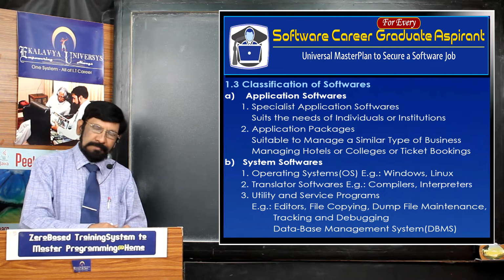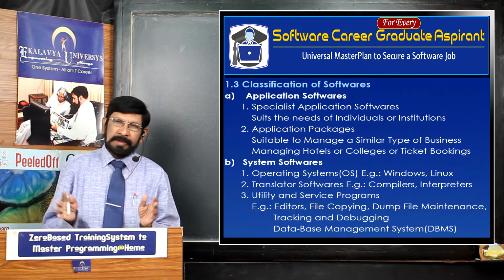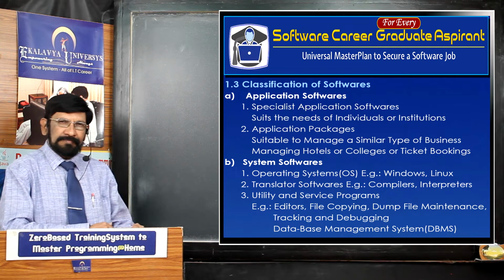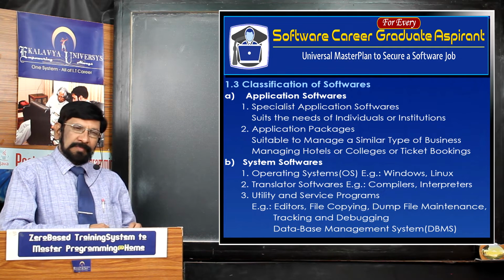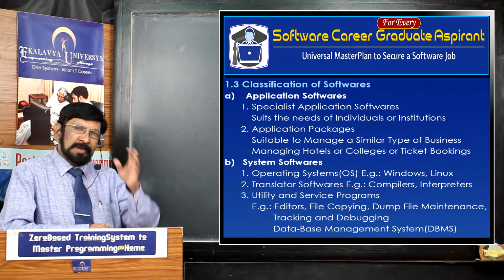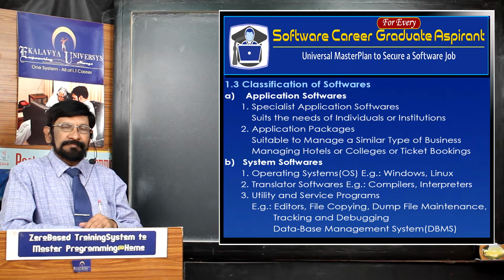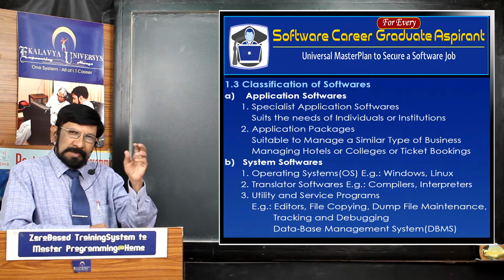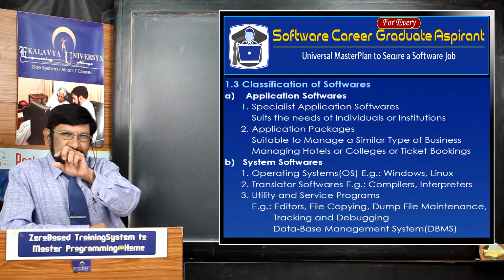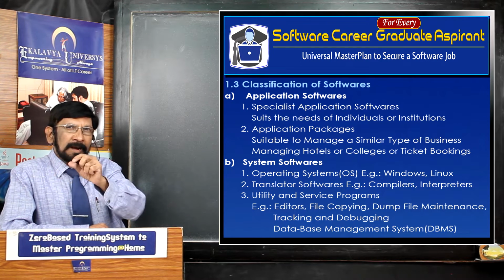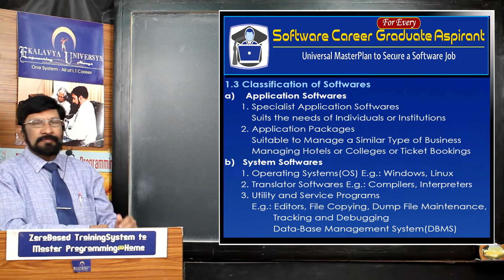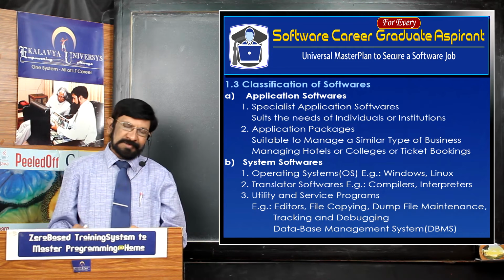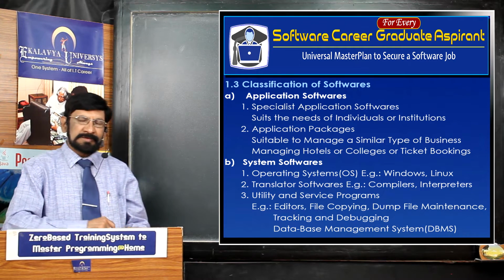Actually, I want to provide a set of services to the student community to evolve them as industry-ready programmers. A student is evolved as an industry-ready programmer and ensures a bright software career through my services. That is the objective of the thing.